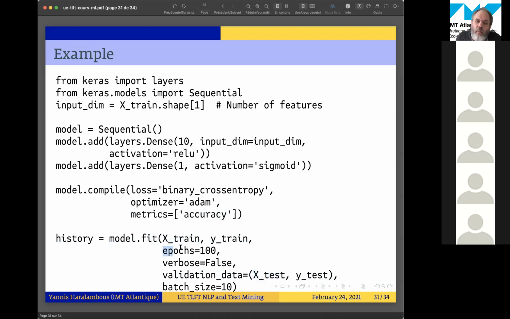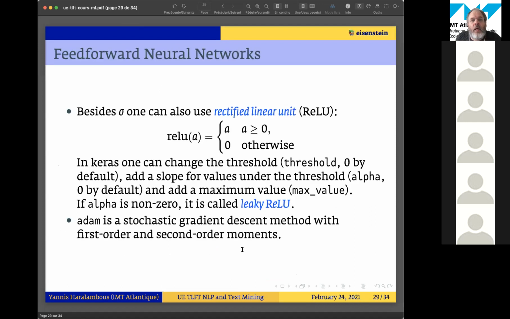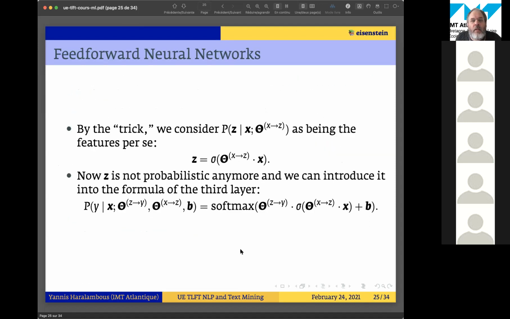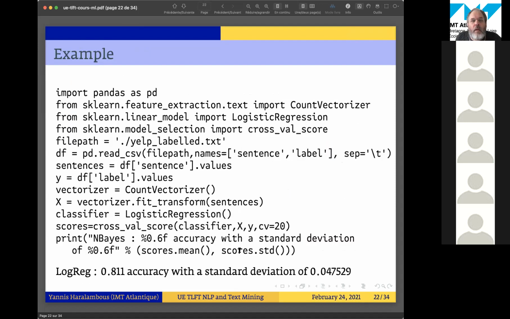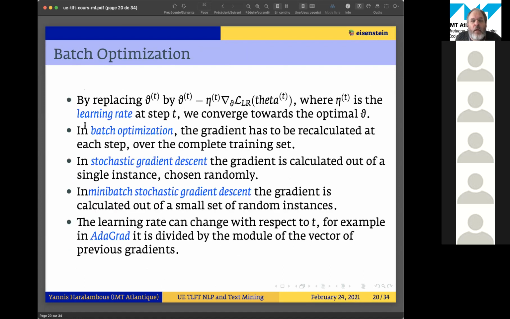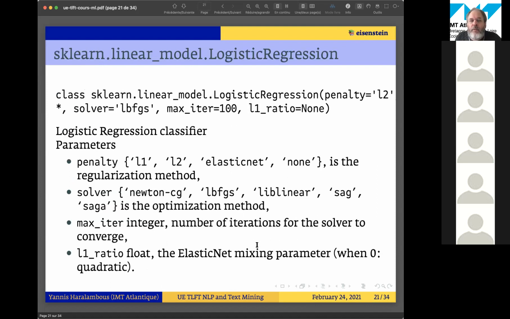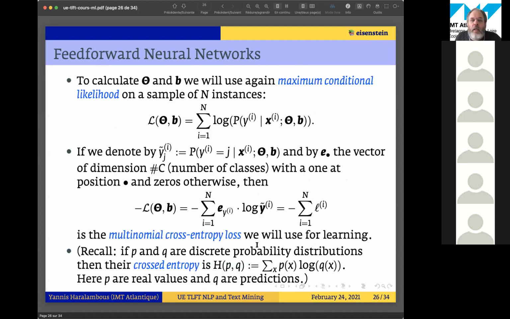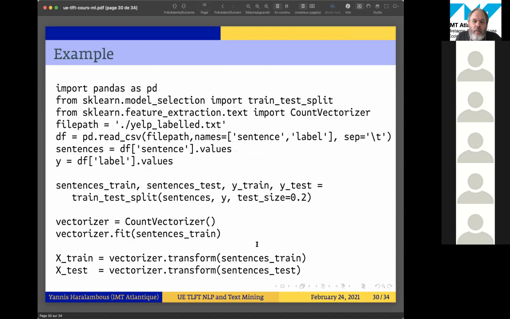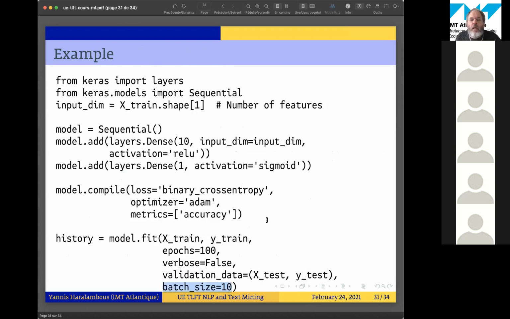And now there are two crucial parameters, epochs and batch size. What is batch size? Remember we said when dealing with logistic regression, we said that we can calculate on instances of individuals. So here it's something similar.